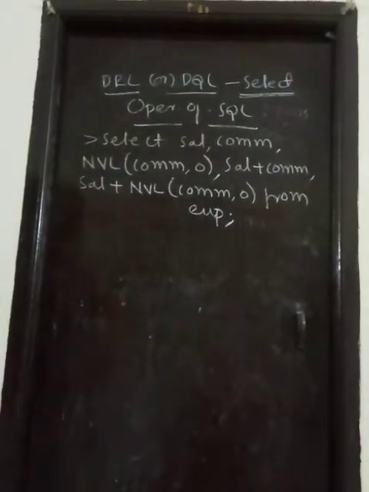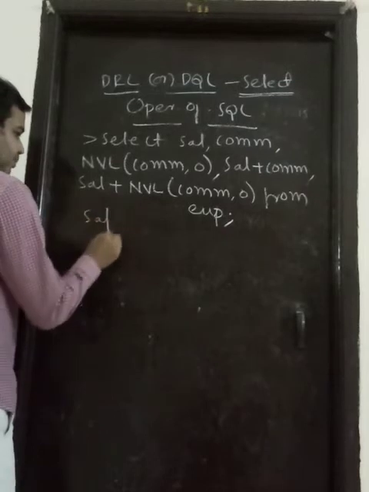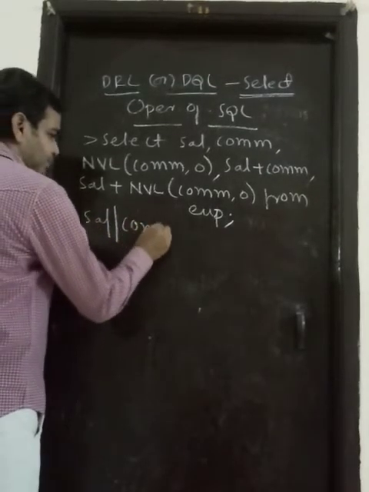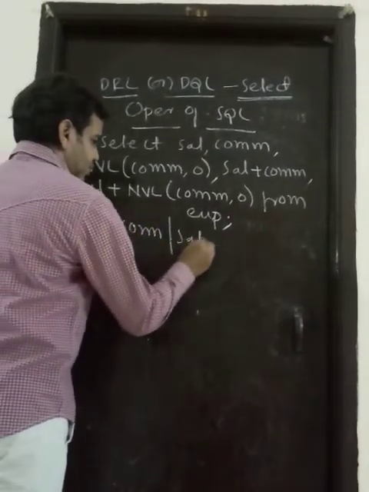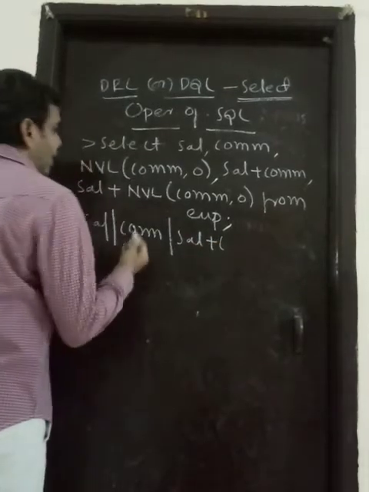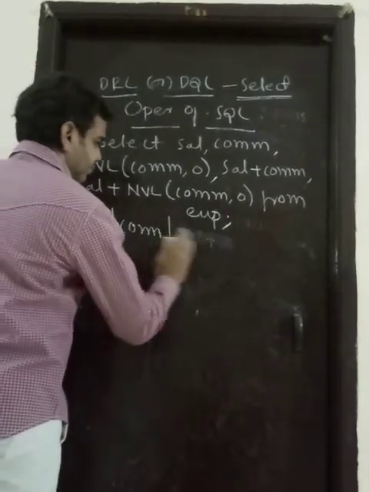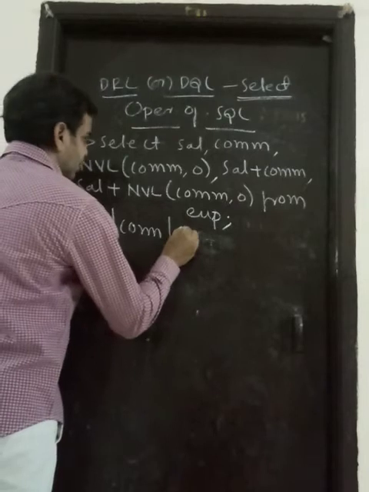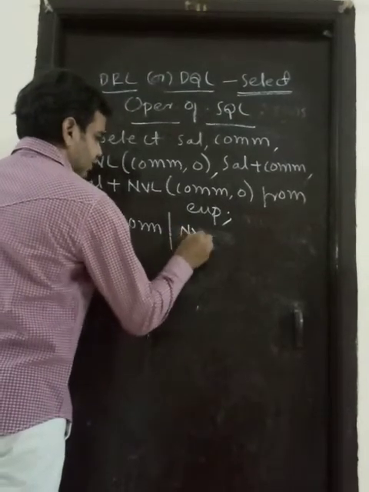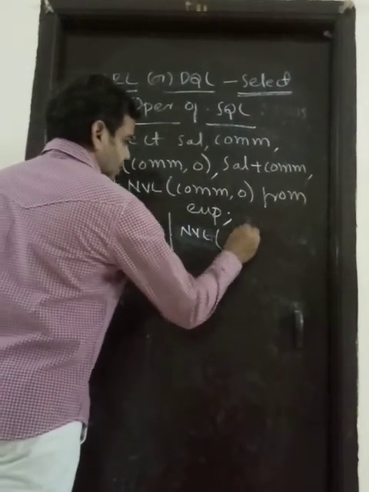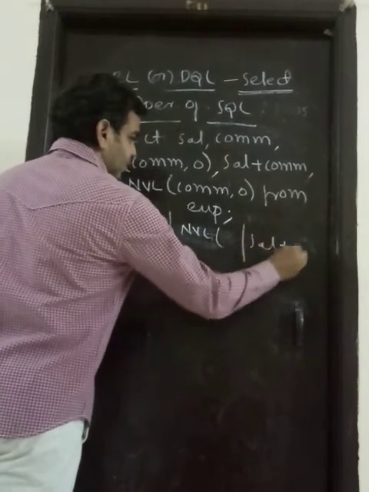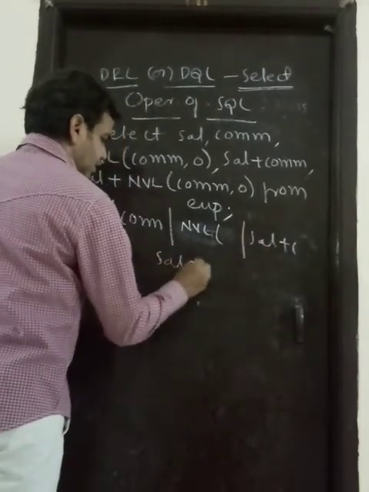Okay, so what will it display? It will display the salary column, then the commission column, then the salary plus commission column, where there is a problem, and here we used NVL. Then the NVL column with commission, then salary with NVL of commission.